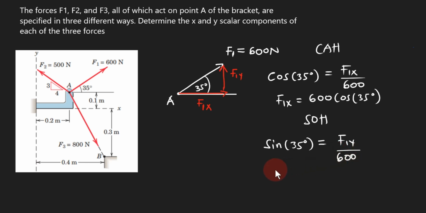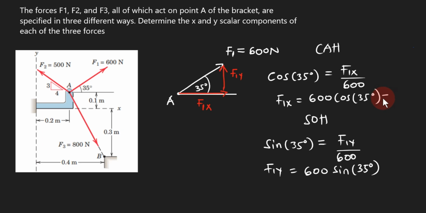So we make F1y the subject. We have F1y equal to 600 multiplied by the sine of the 35 degrees angle. So let's simplify these values.